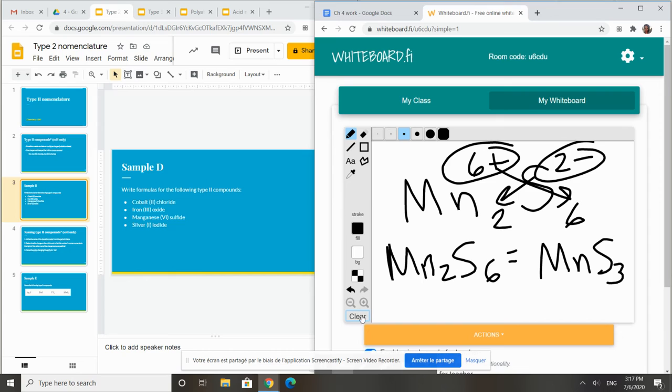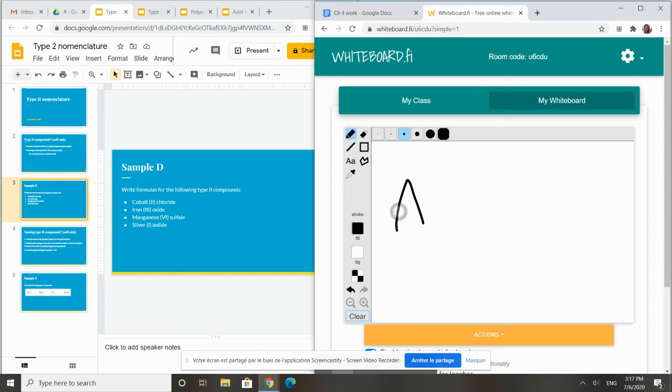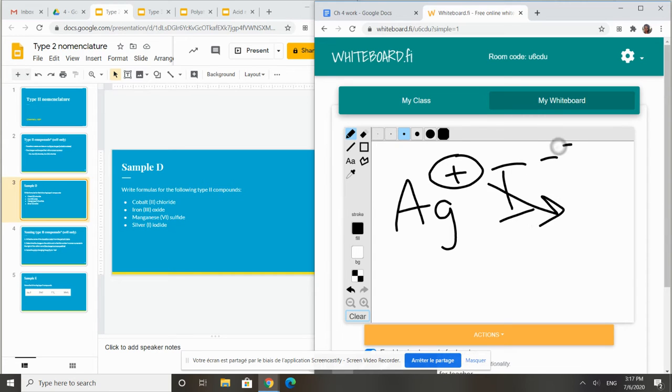And then I've got silver 1 iodide, so Ag with a +1 charge, iodine with a -1 charge, crisscross. I don't have to write my ones, so my answer is just AgI. So the really important thing to remember is that the Roman numeral is the charge, and then you have to crisscross.